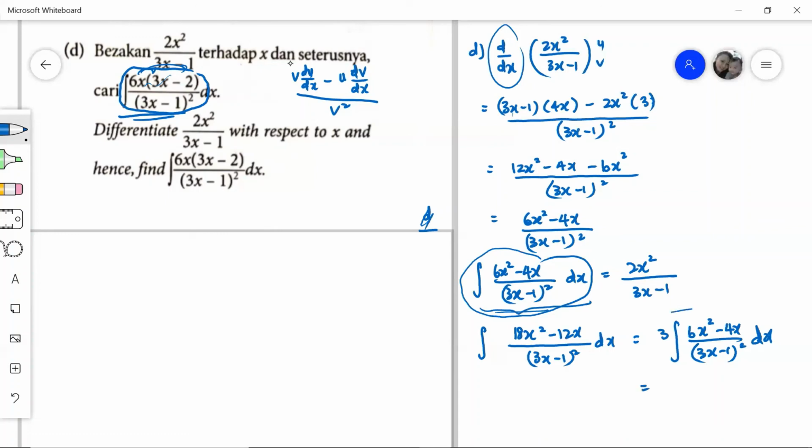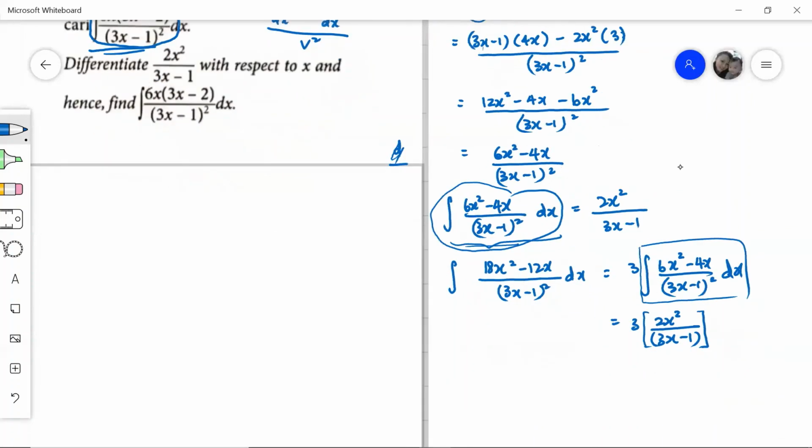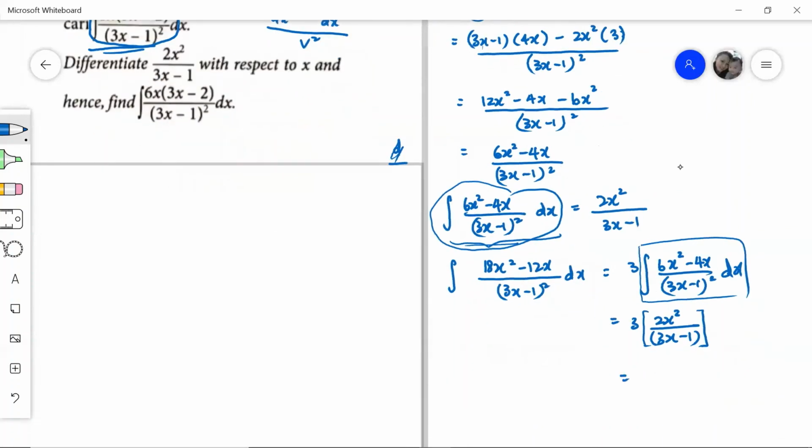Therefore, only this part we replace with the integrated answer, which is 2x squared over 3x minus 1. The whole thing multiplied by the 3. So our final answer will be 6x squared over 3x minus 1. That's it. We found the answer for question number 2.